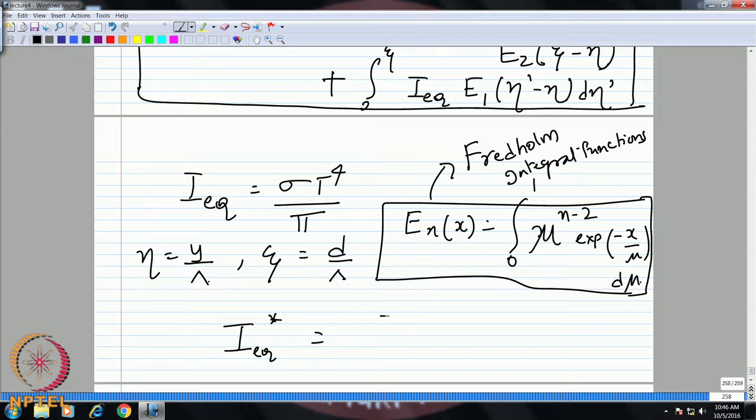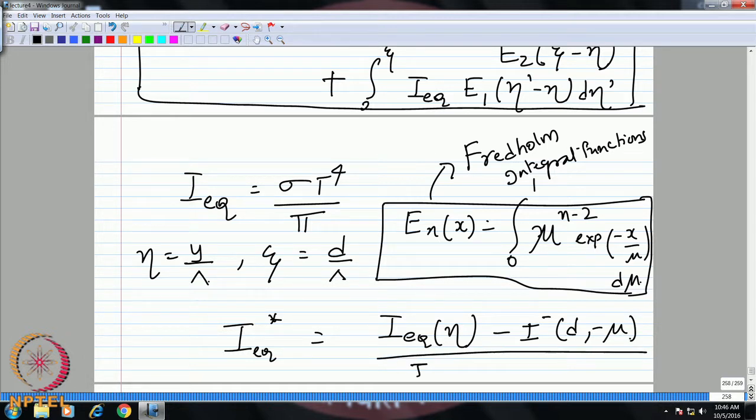This is defined as I equilibrium at eta, minus the boundary condition at y equal to d, divided by the boundary condition at y equal to 0 minus the boundary condition of intensity at y equal to d. So, I am basically non-dimensionalizing my local temperature with the boundary temperatures.